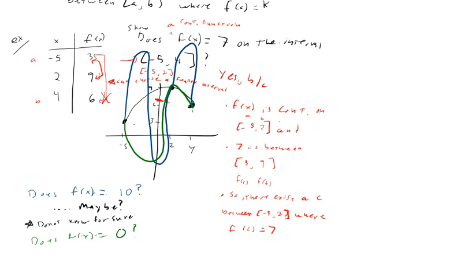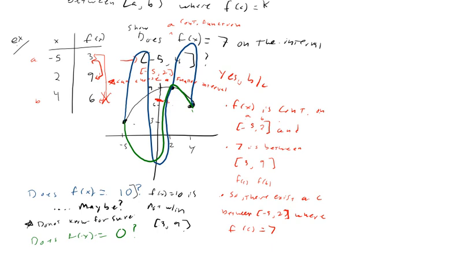We would say not only is there not enough information, but the value is outside the range, right? f of x equals 10 is not within 3 to 9. So we don't know.